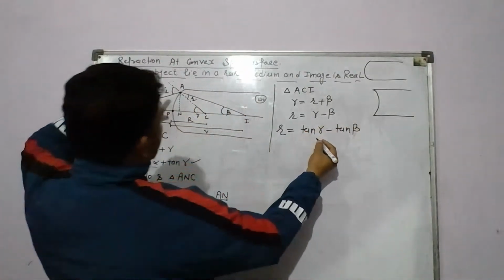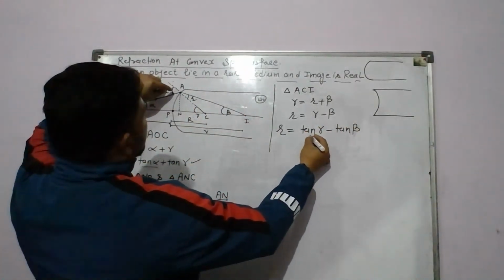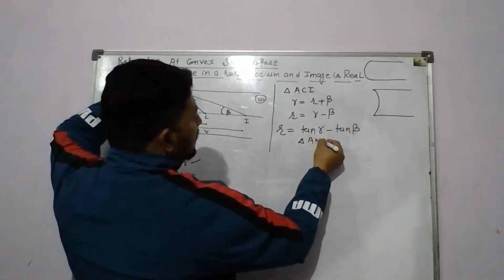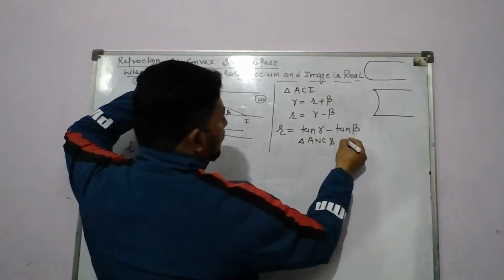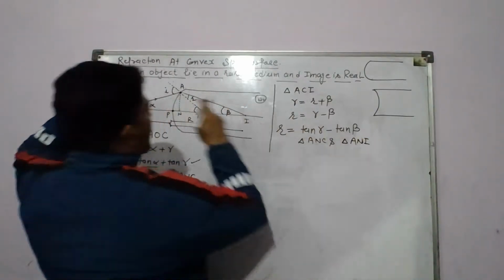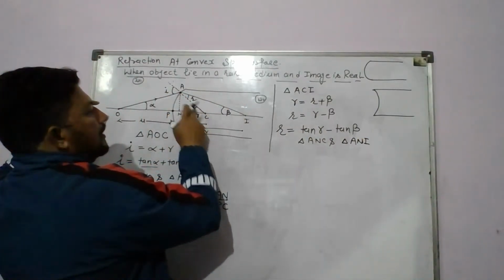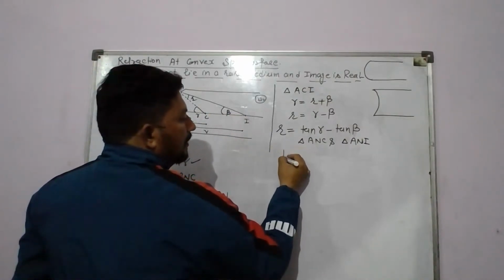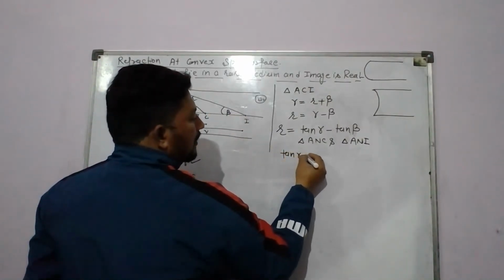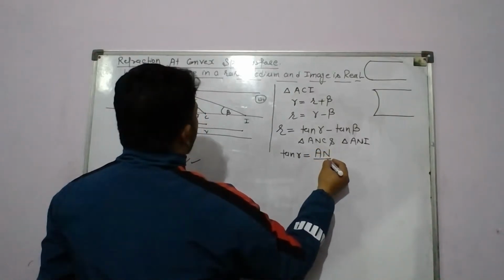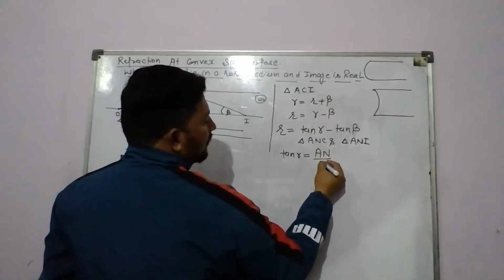Taking triangles ANC and ANI, tan gamma is equal to perpendicular AN upon NC, so we write PC.